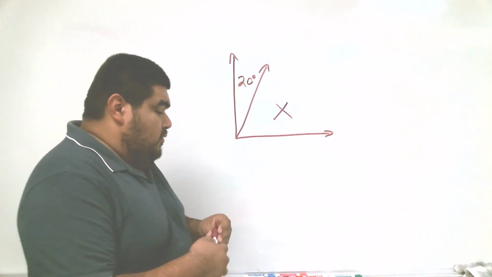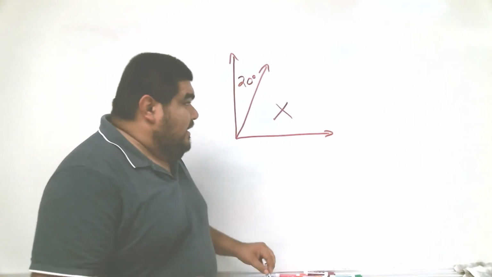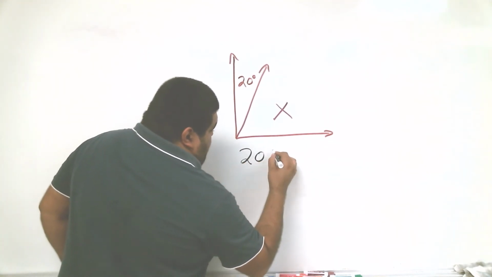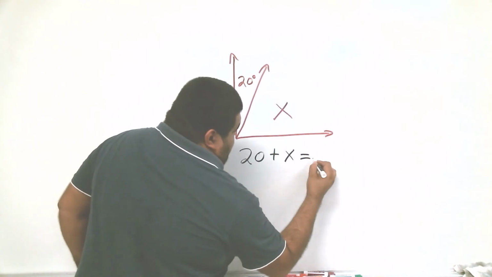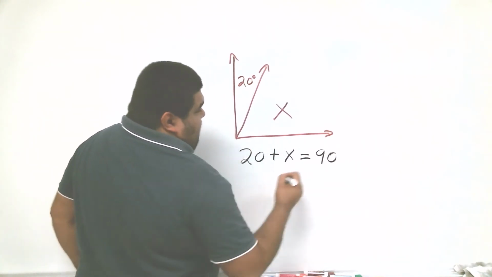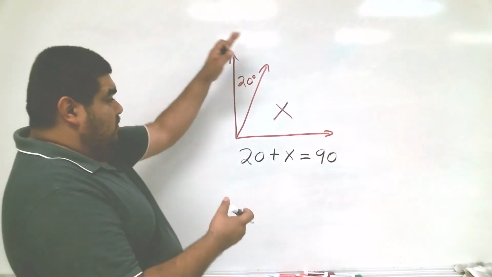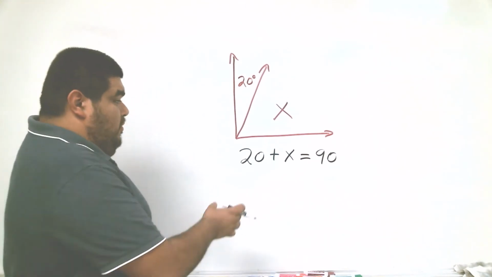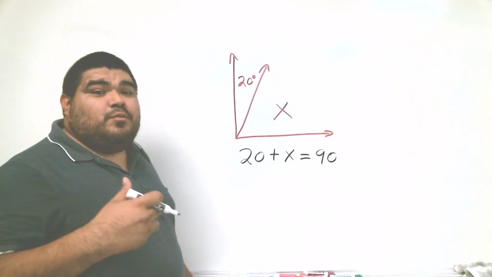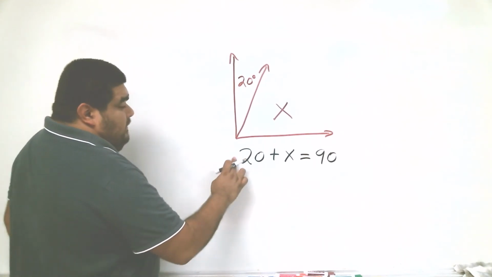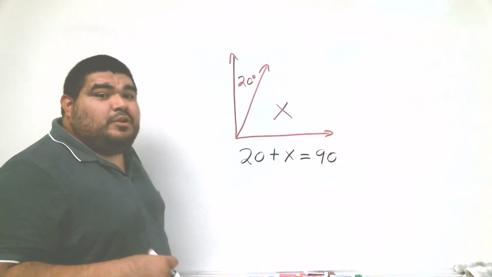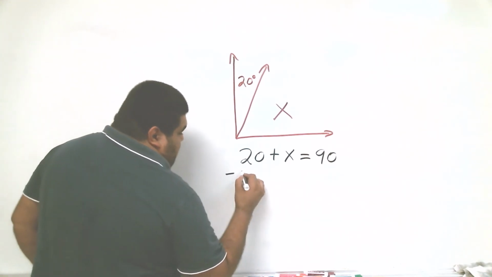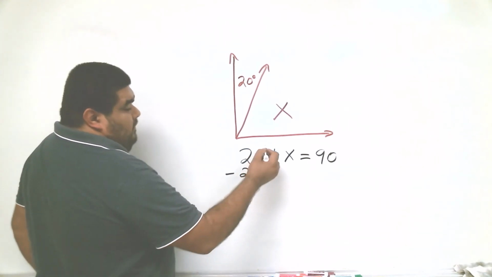Good. So we can say that 20 plus x equals 90, because the whole angle equals 90 degrees. Again, remember, we're solving for x, so we have to get rid of the 20. Since it's positive, we do the opposite, which is negative. Good. So minus 20. They cancel out.